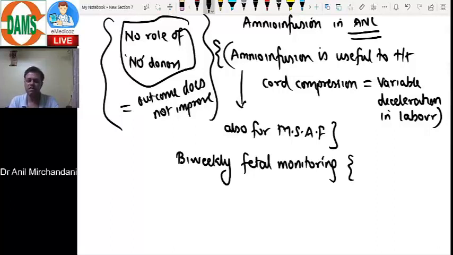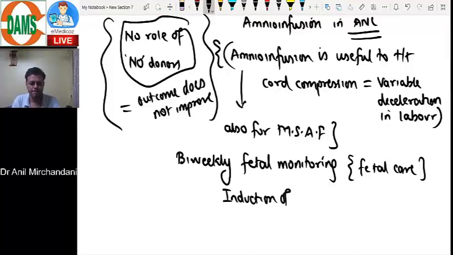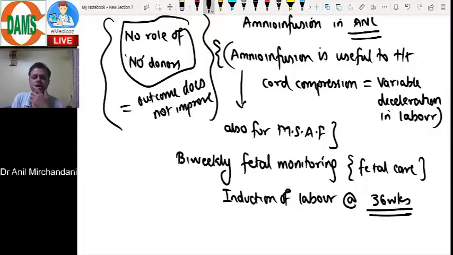We will discuss this in the chapter on fetal care. And yes, we will have to do induction of labor at 36 weeks. This is what we should do for a case of oligohydramnios.